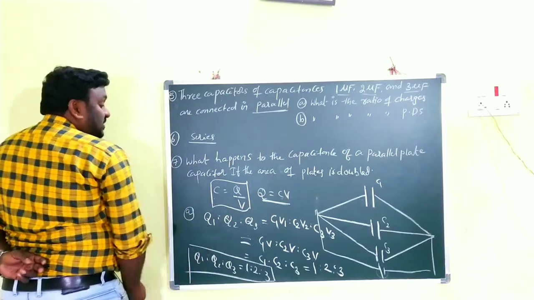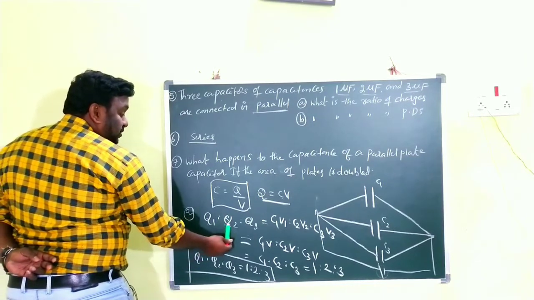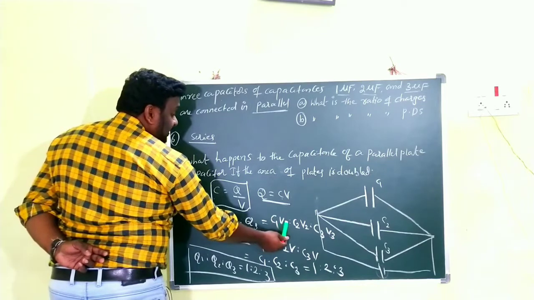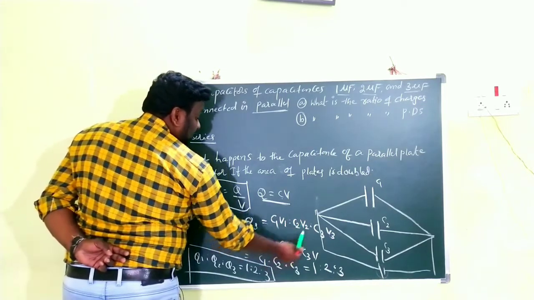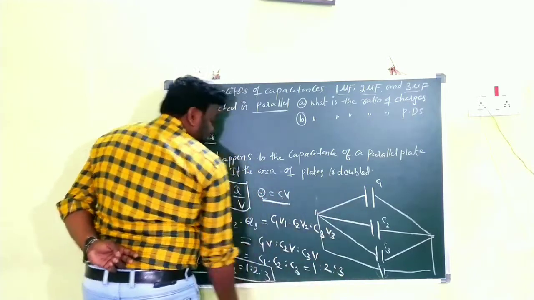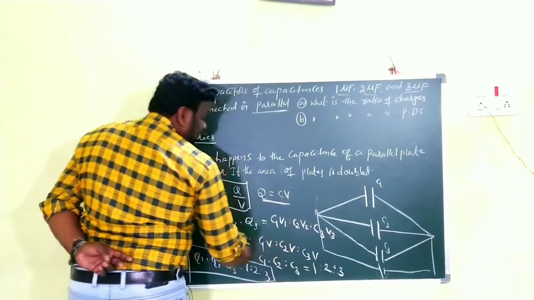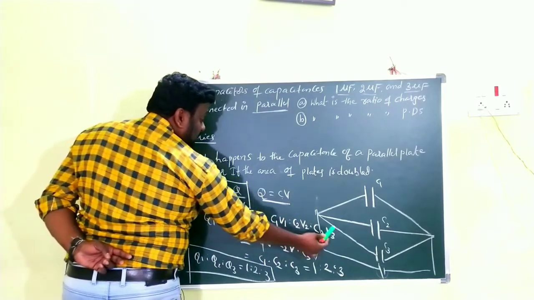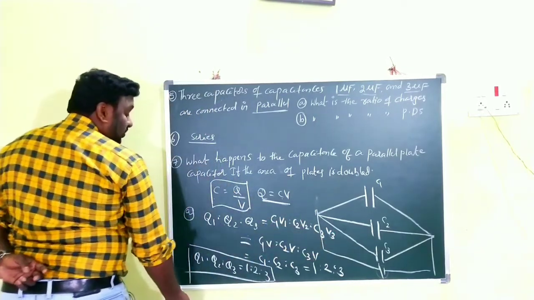Then the ratio of charges, Q1 is to Q2 is to Q3, is equal to C1 V1 is to C2 V2 is to C3 V3. In parallel combination, the potential differences are the same. That's why V1 is equal to V2 is equal to V3 is equal to V.